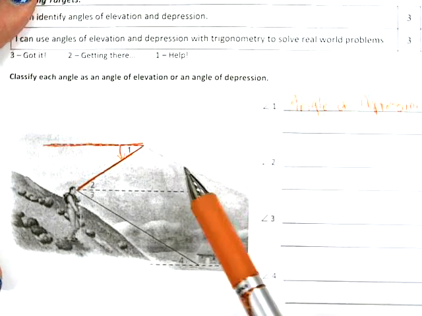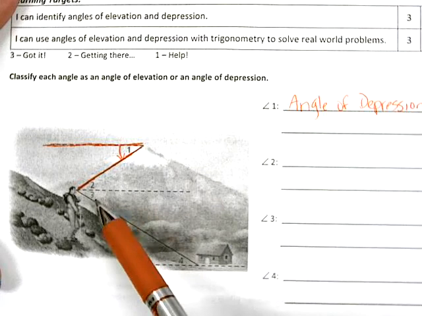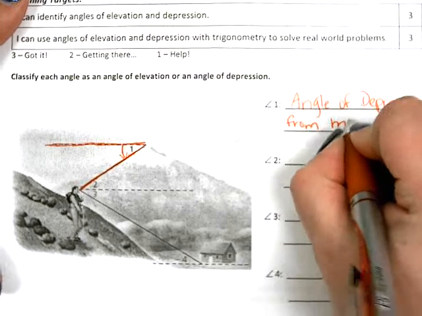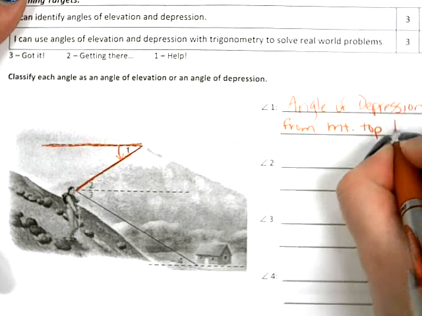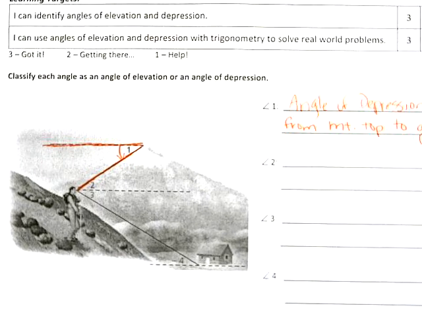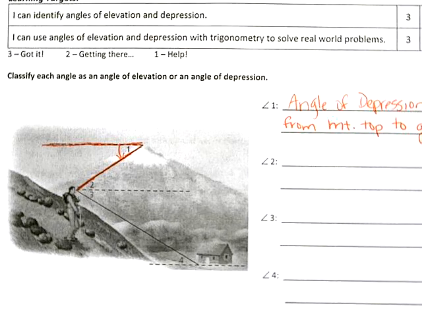It's an angle of depression from the top of that mountain to the hiker, and we're just going to call him a guy. From the top of the mountain to the guy, we're looking down, that's an angle of depression.